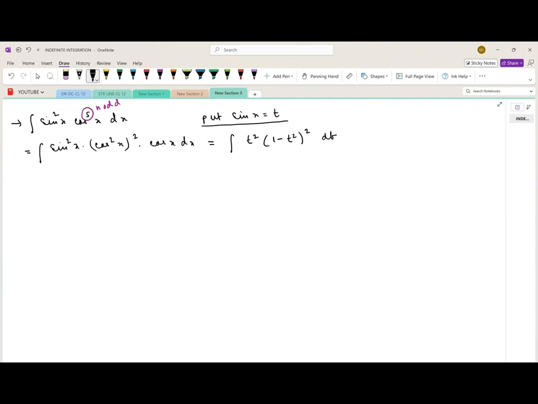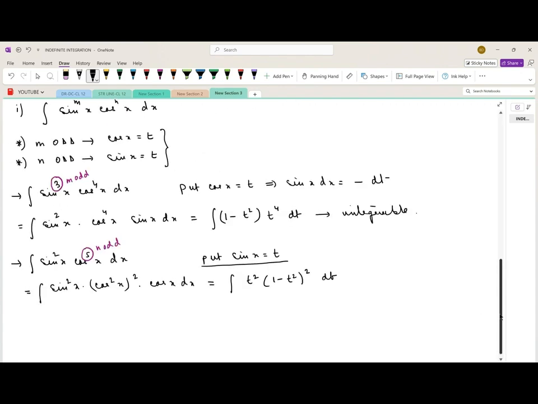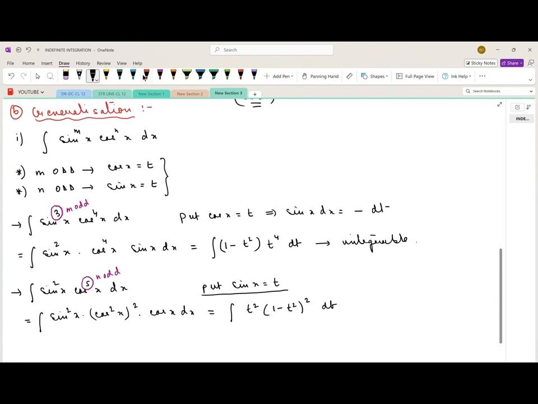That is a polynomial in t and that can be easily integrated. So I showed two examples of the type: m odd, then cos x equals t, n odd, then sin x equals t.